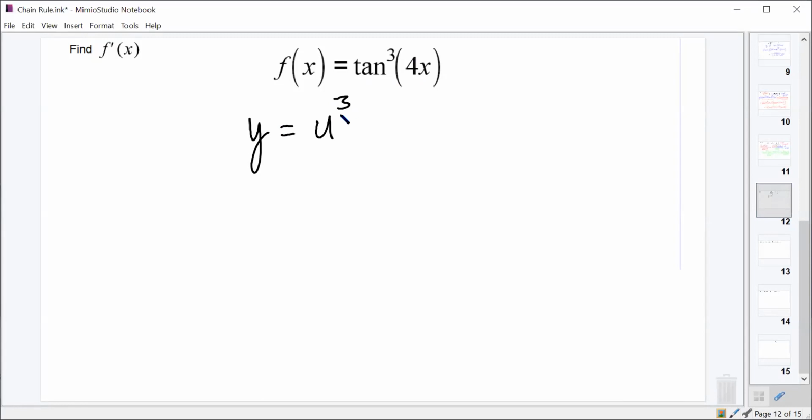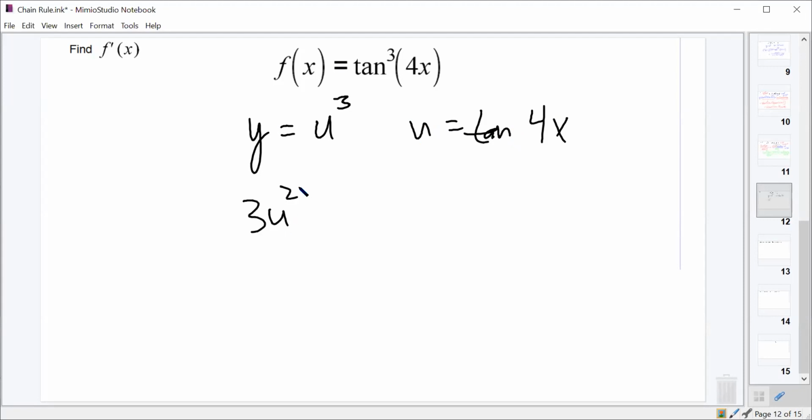And what is the u value for going to the 3rd power? Tangent of 4x. Yeah, it should be u equals tangent of 4x. Okay, so the derivative of y equals u cubed should be what?